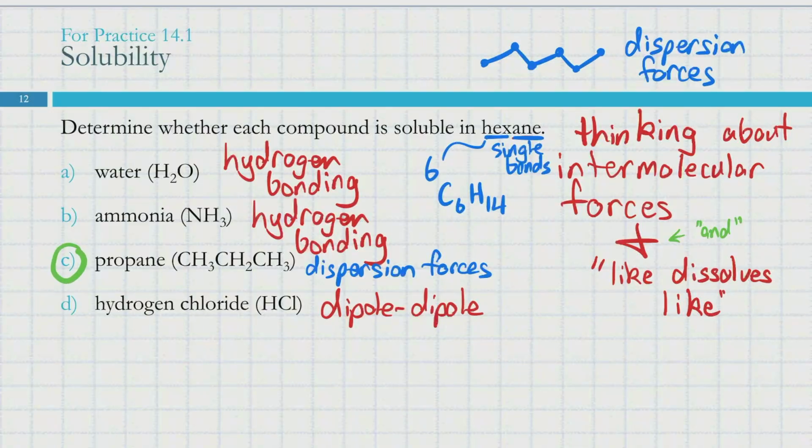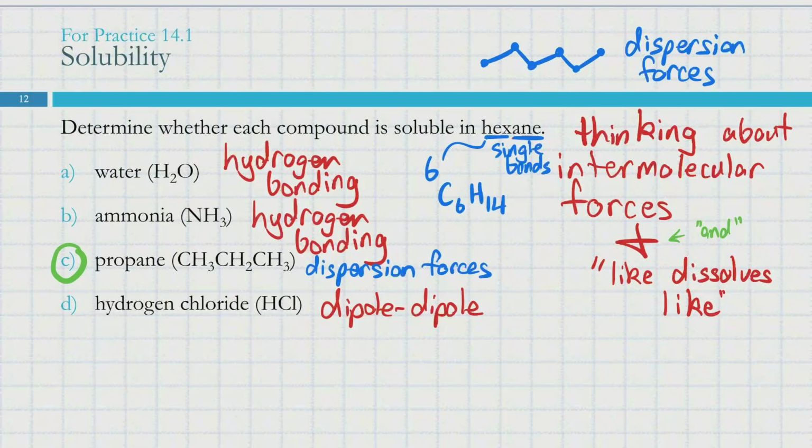Propane. Propane's most likely because it also has dispersion forces. Dispersion forces like dissolves like. So they're both nonpolar. Propane very likely to dissolve in hexane as long as it's not boiling and turned into a gas. What's our next candidate, if we had to guess?